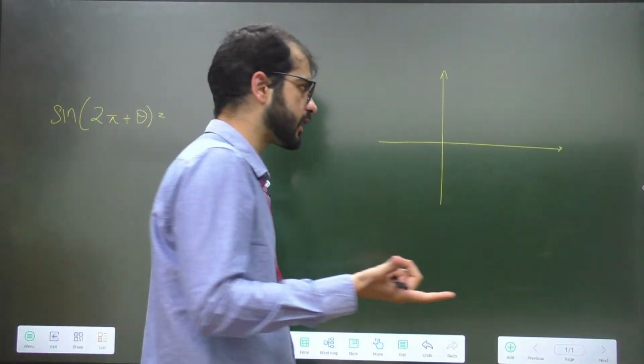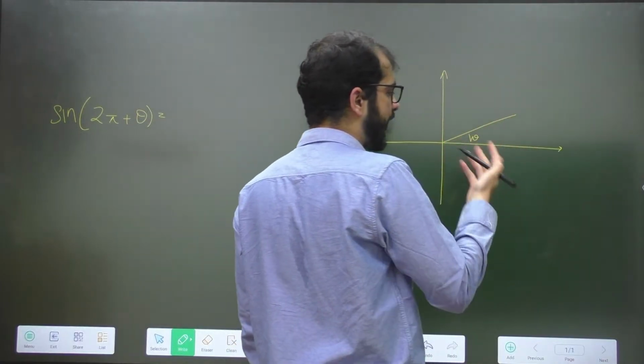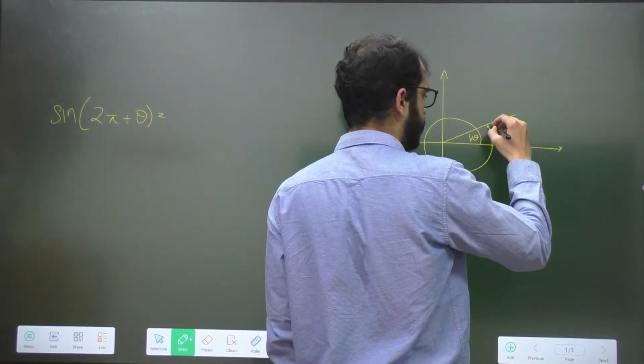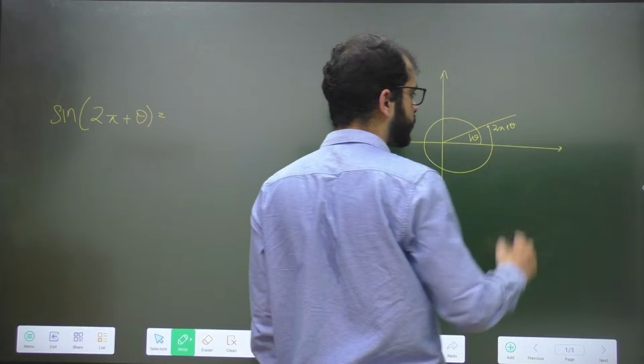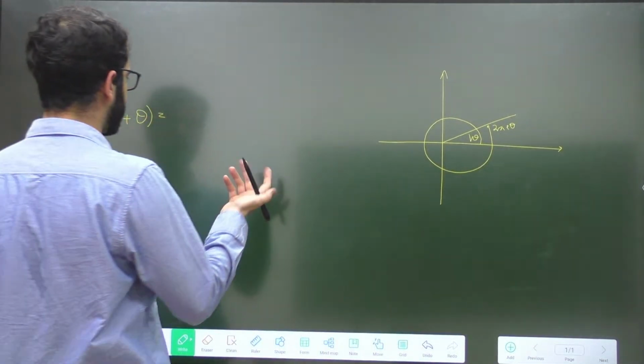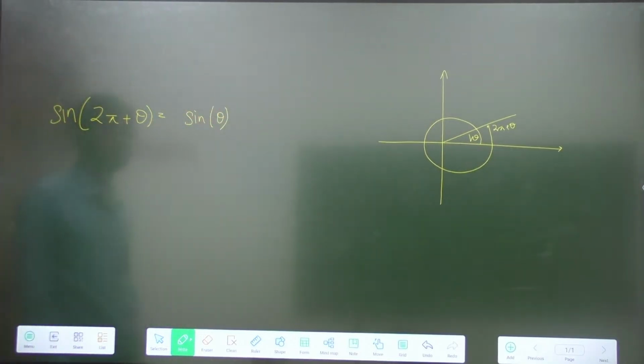Theta is an acute angle. If I add 2 pi to it, what happens? This is theta. On adding 2 pi, I traverse an entire circle, then I add theta to it. So this will be 2 pi plus theta. So as we observe, theta and 2 pi plus theta are the same thing. So the sine of both of them should be equal. So sine of 2 pi plus theta will be equal to sine theta.